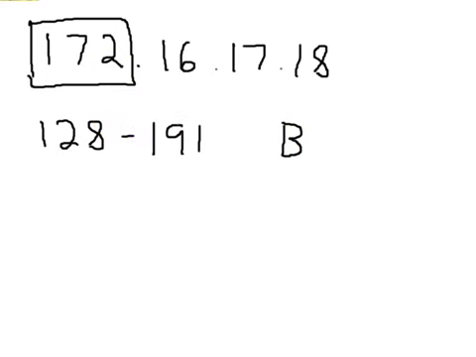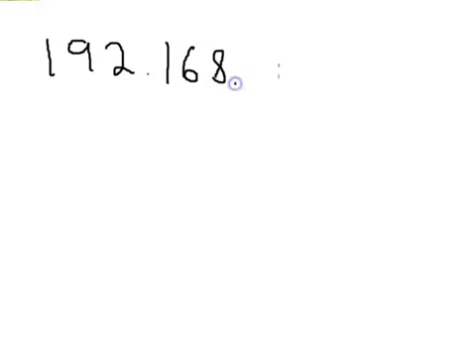Now let's look at another address: 192.168.0.1. You might see this if you have a Linksys router or some other home router. They tend to use this for the gateway of the router.